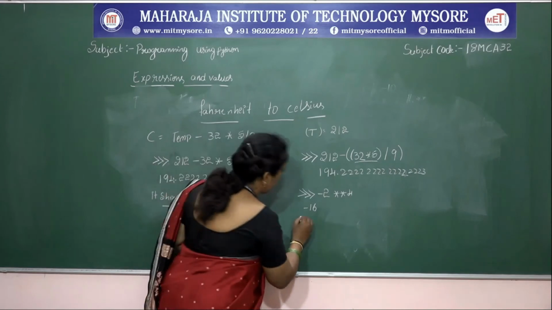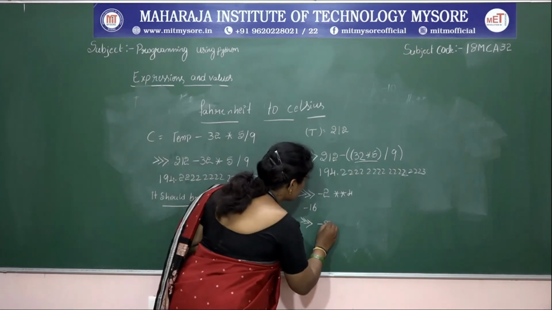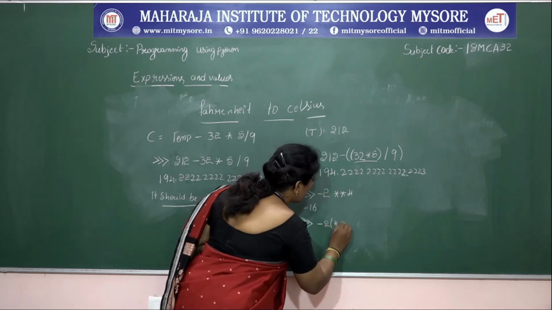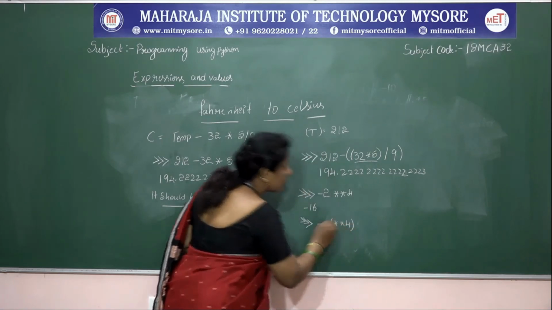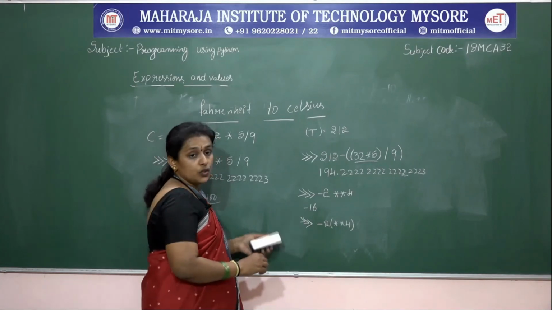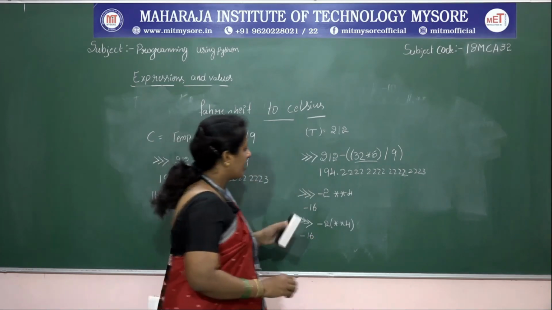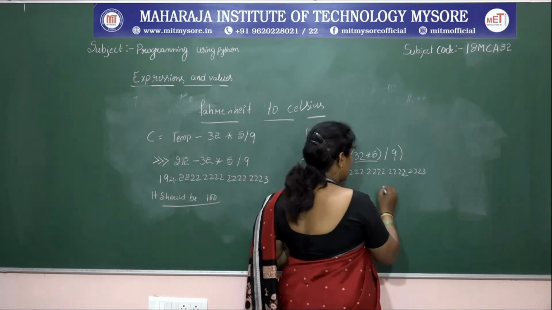Next, consider the example minus 2, like this. You will get the answer as minus 60. Now one more example with respect to the same thing.